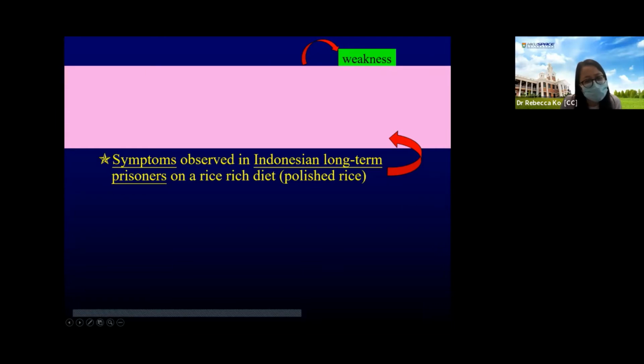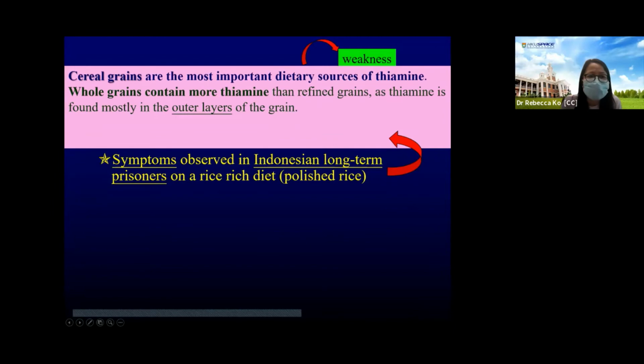What's the problem? We eat it every day. And cereal grains are one of the most important dietary sources of thiamine. The whole grains contain more thiamine than the refined ones, the polished ones, that's the white rice.